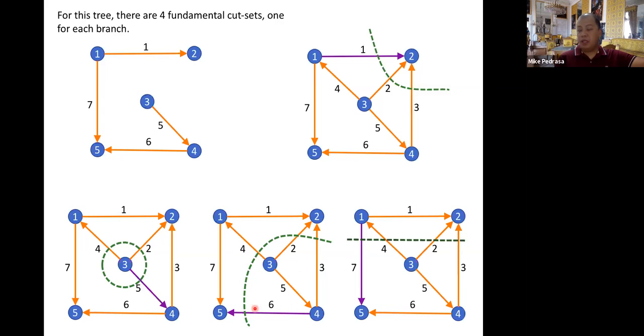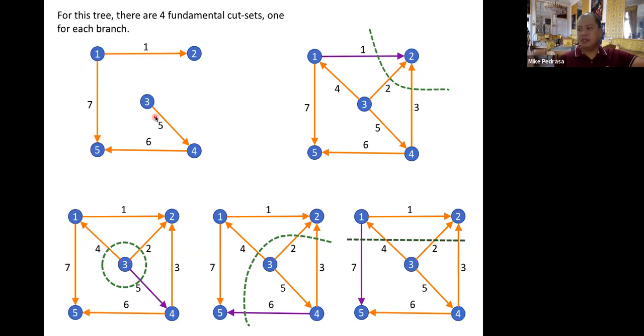And I hope you will be able to explain to yourself why branches 2, 3, 4, and 7 form another cut set. In fact, later on you will see our first homework. I'll give you a network, and then I'll ask you to get the fundamental loops and then the fundamental cut sets.